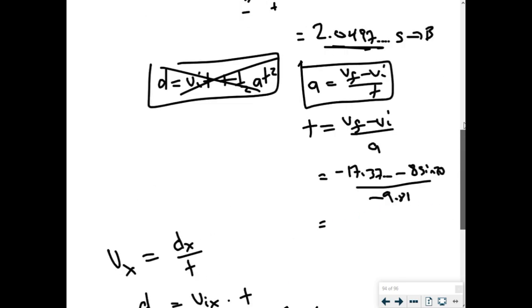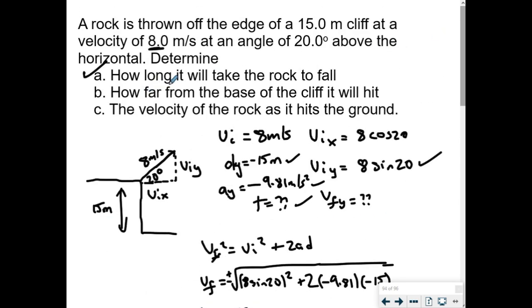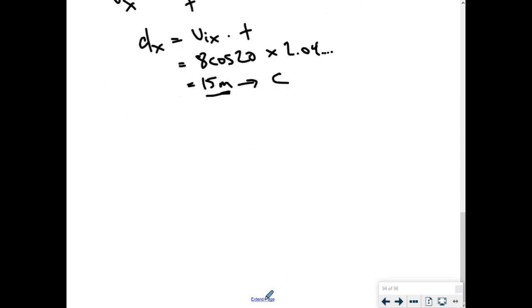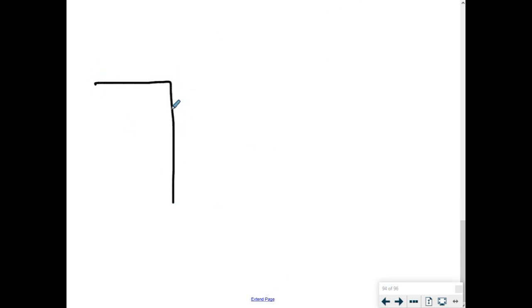So again, hopefully you've been able to follow along, but we've now solved all of these parts here. We know the time it's going to take. We know how far from the base it's going to land. What we want to know now is the velocity of the rock as it hits the ground. And to do that, I need to redraw this picture. I'm kind of hopping around a bit, but let's redraw the picture. We threw something off a cliff. It went up in the air, and it landed.